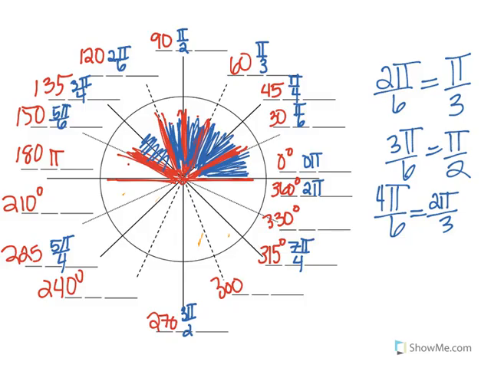And then 6 pi out of 6. So what you should notice is that your 60-degree lines are always going to end up being simplified. This is supposed to say 2 pi out of 3.